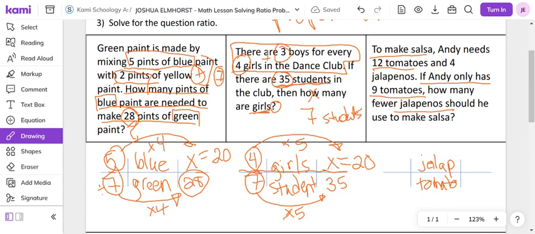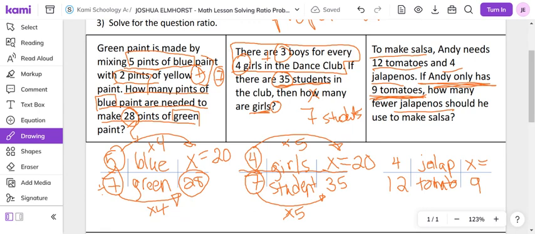So we go back above and we start with 12 tomatoes and 4 jalapenos. And it looks like there's 9 tomatoes, how many jalapenos? Well, the question is how many jalapenos would you need? So we're going to put x for that.